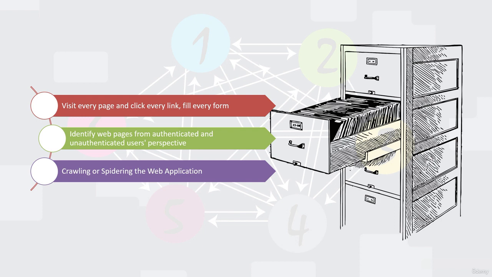Then, observe all the URLs. So you can manually walk through the application and identify web pages from authenticated and unauthenticated users' perspective. This whole process is called crawling or spidering the application.